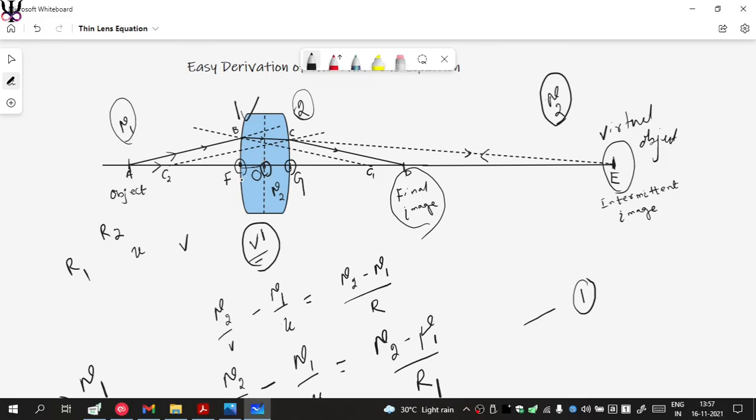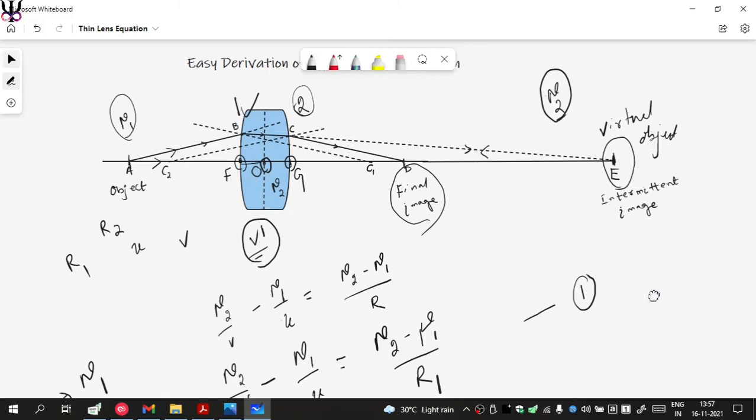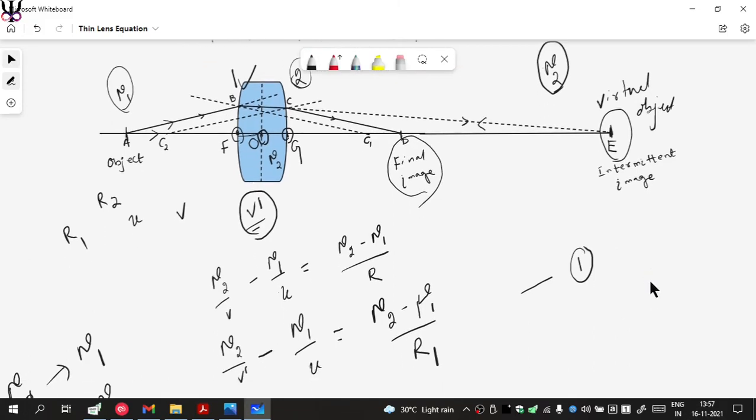No, we are approximating F and G to be almost the same as O, so we are measuring all the distances from O. That means whether it is U, V, R1, R2, or V dash, all of them are from O. So the object distance here is the virtual object distance, which used to be the image distance for the first refraction, V dash.